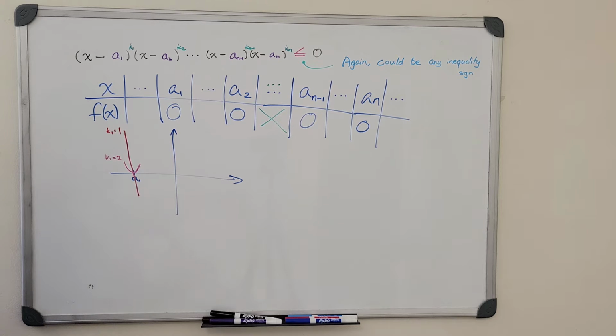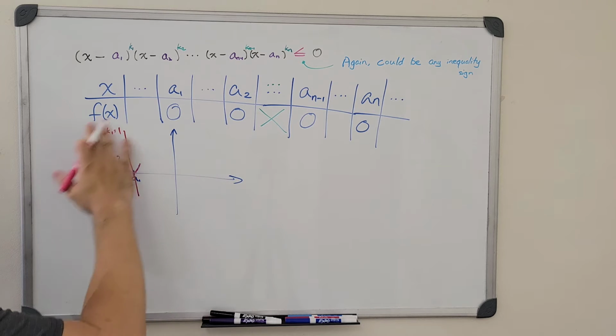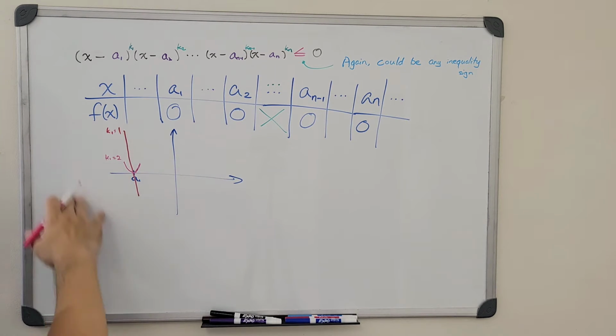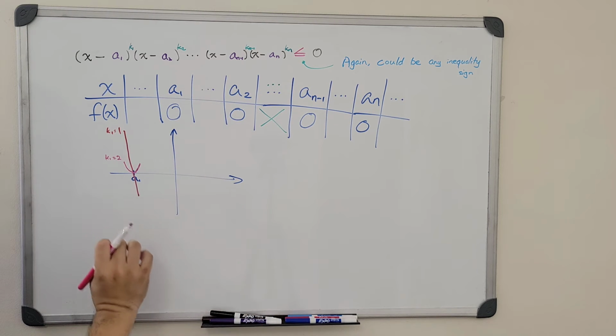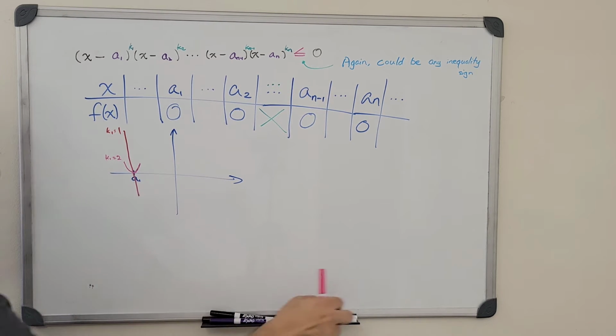Instead of looking at the whole graph from negative infinity to positive infinity, we're trying to focus on one small region.